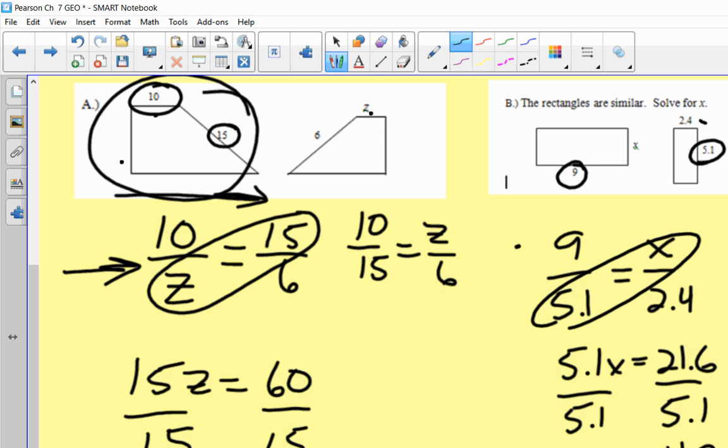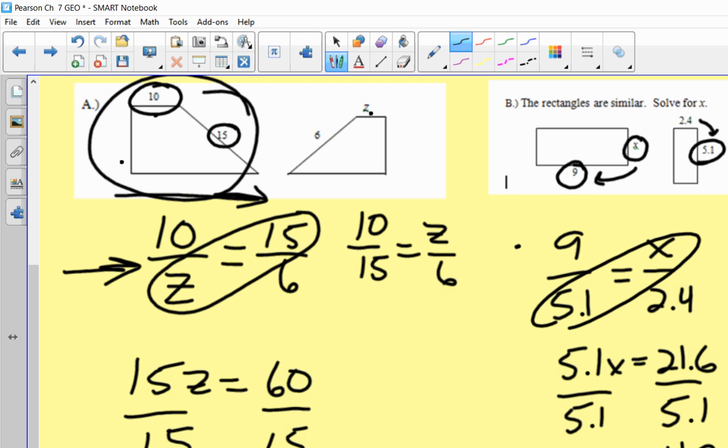If you compare 2.4 to 5.1, it's a little bit less than half of its longer side. So is the value we get for X a little bit less than half of 9? It is. I use that to also check my work, use some common sense.